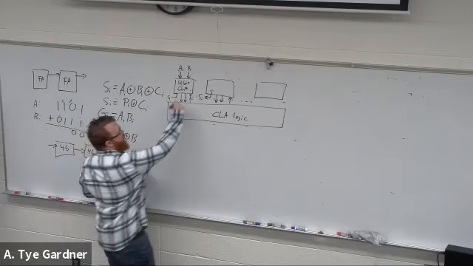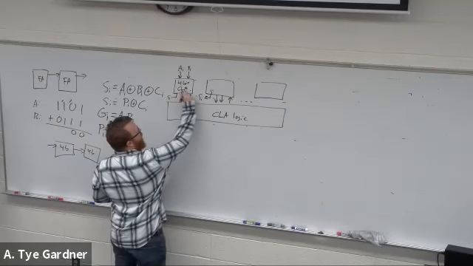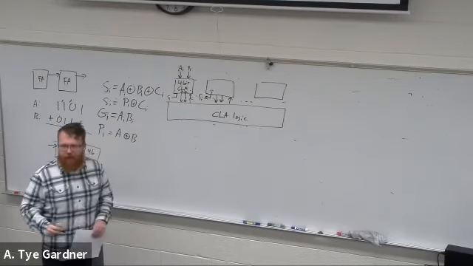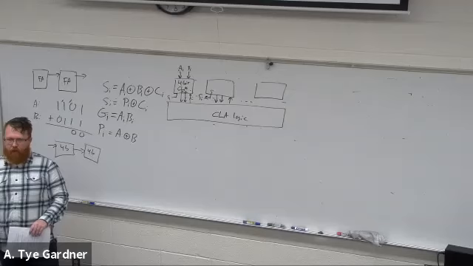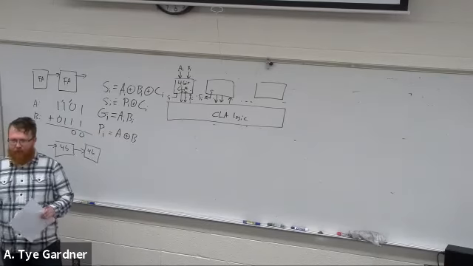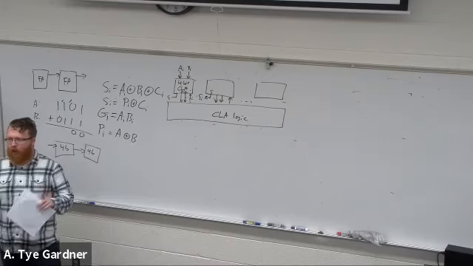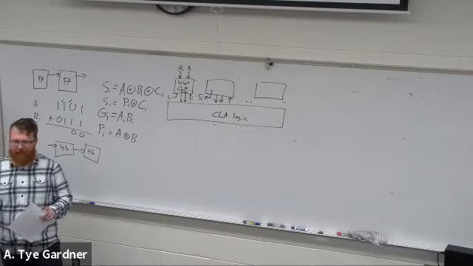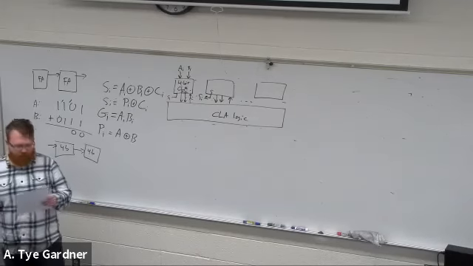Now these P and G don't work quite the same, but guess what we can do? We can start generating group propagates and group generates. Does the group as a whole propagate, or does the group as a whole generate?